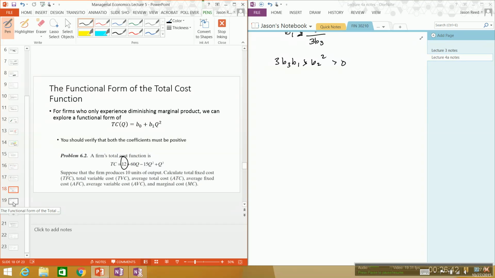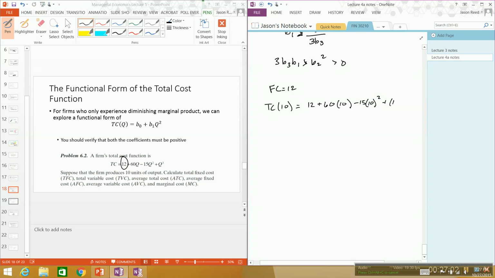Then the average fixed cost is going to be, if fixed cost is equal to 12, and total cost at 10 units is equal to 12 plus 60 times 10 minus 15 times 10 squared plus 10 cubed. What we could do here is, to get total variable cost at 10 units, take total cost at 10 units minus 12.